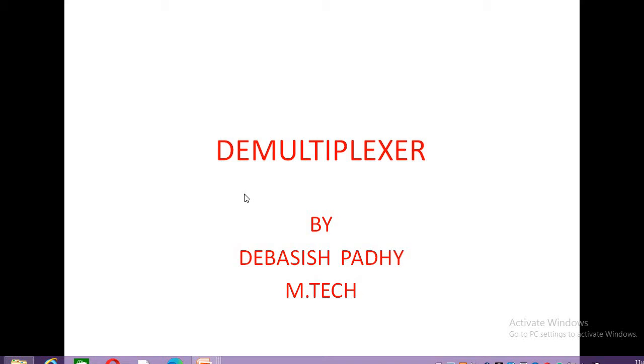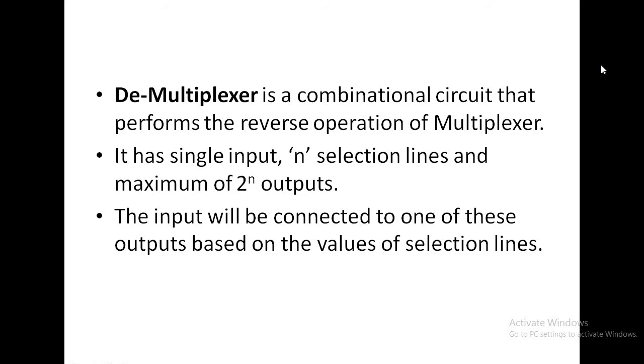Let us start today's topic, that is demultiplexer. So demultiplexer is a combinational circuit that performs the reverse operation of your multiplexer. First thing is, demultiplexer is a combinational circuit, like your multiplexer.